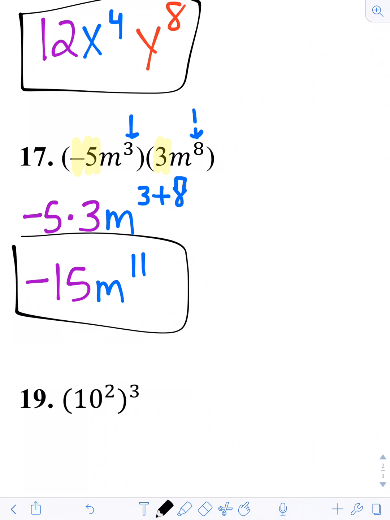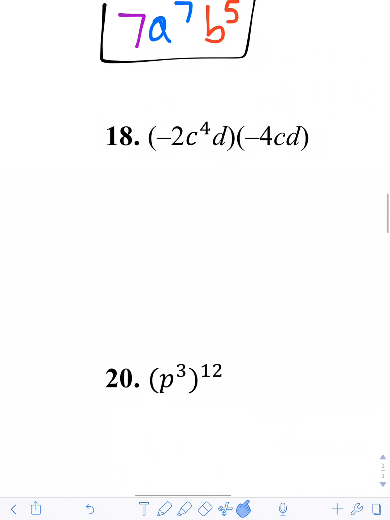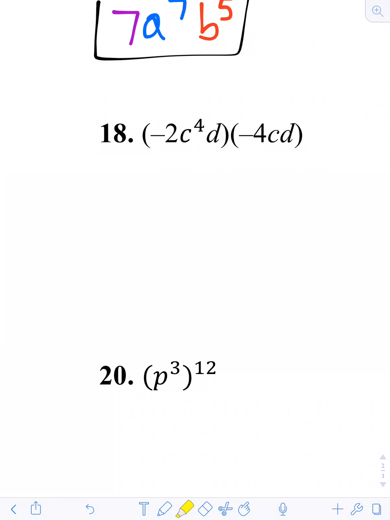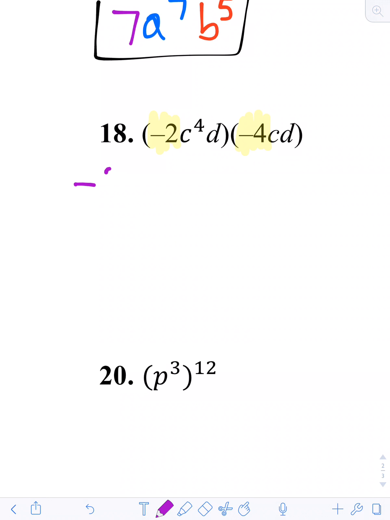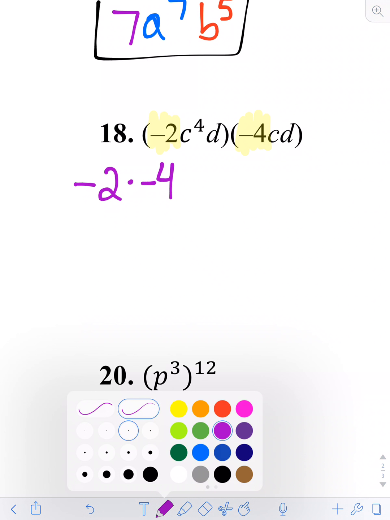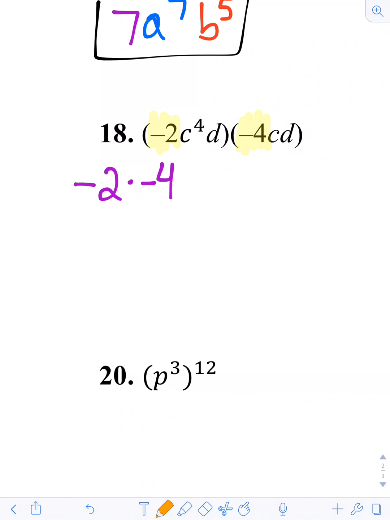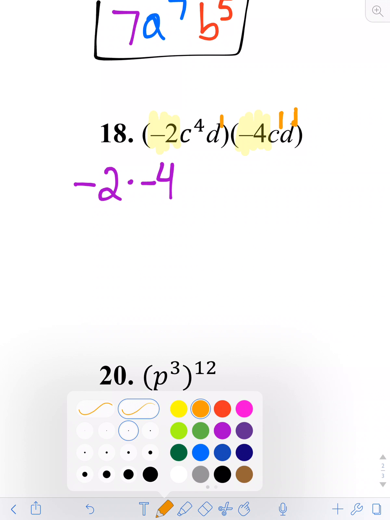Okay. All right, number 18. Again, I'm going to highlight these just so I know these are not exponents. So I'm going to write that out. We have negative 2 times negative 4. And then I have two variables. Before I even write these down, I notice that I need to put exponents: c to the power of 1, d to the power of 1, and d to the power of 1 again. Now we're going to go letter by letter.